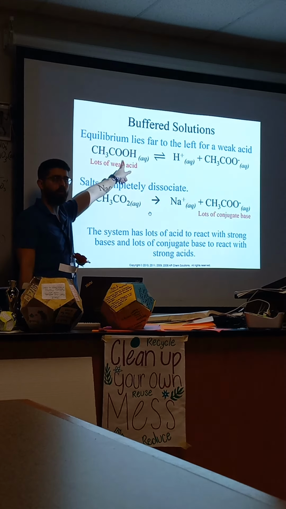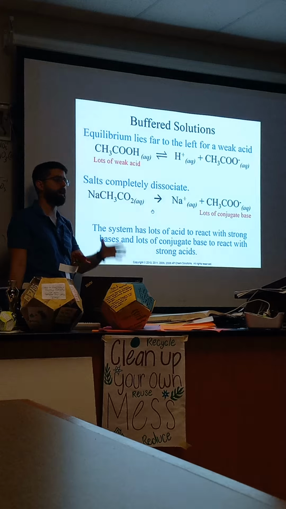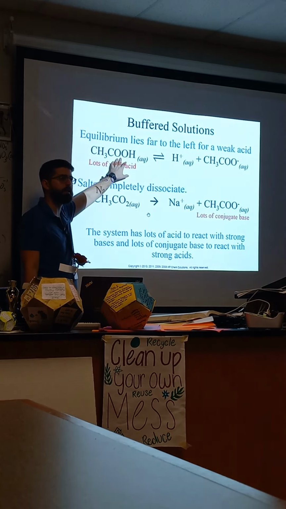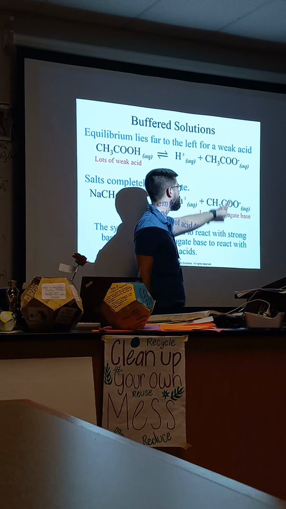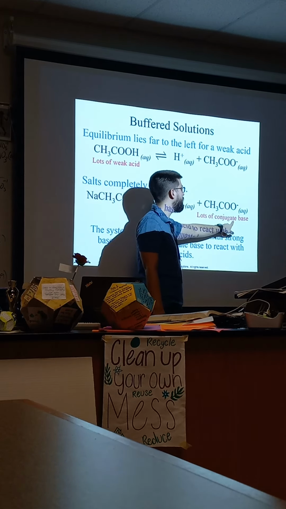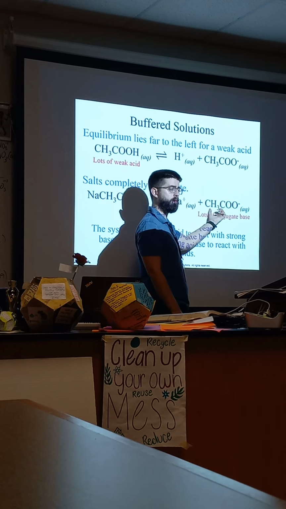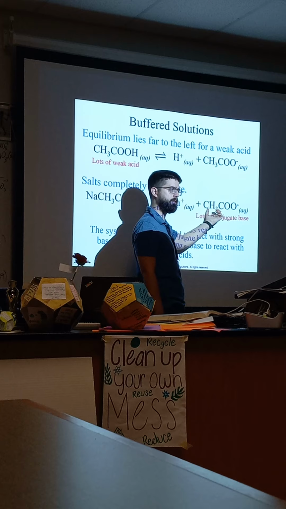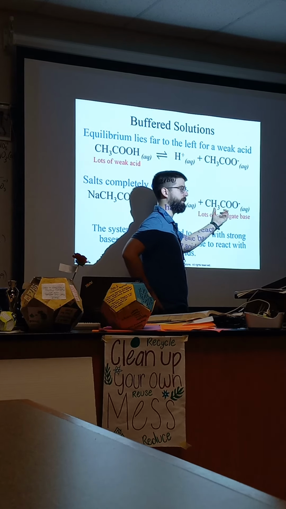So guys, if the strong base attacks this weak acid, we're not going to produce any more, or very much more, OH minus, because when a strong base attacks a weak acid, it doesn't make OH minus, it makes the conjugate base, right? And by making this conjugate base, have we produced any more OH minus? Maybe a little bit when it tries to attack water, but not very much.